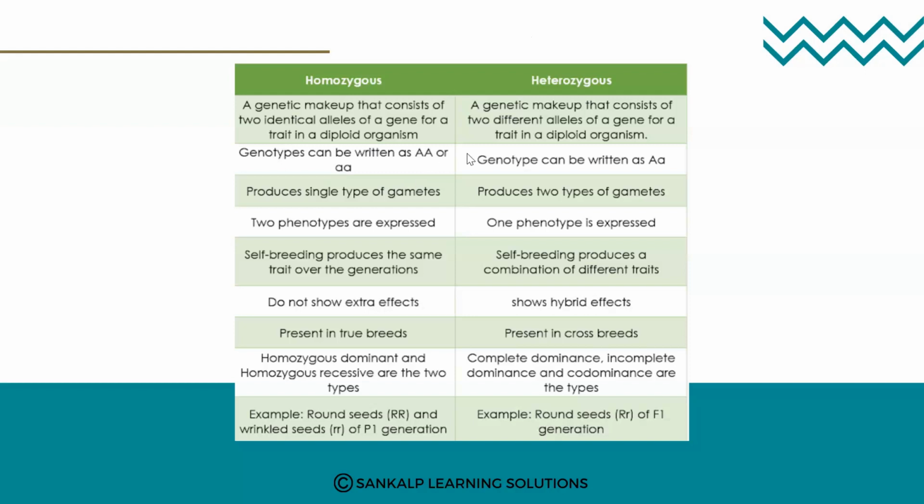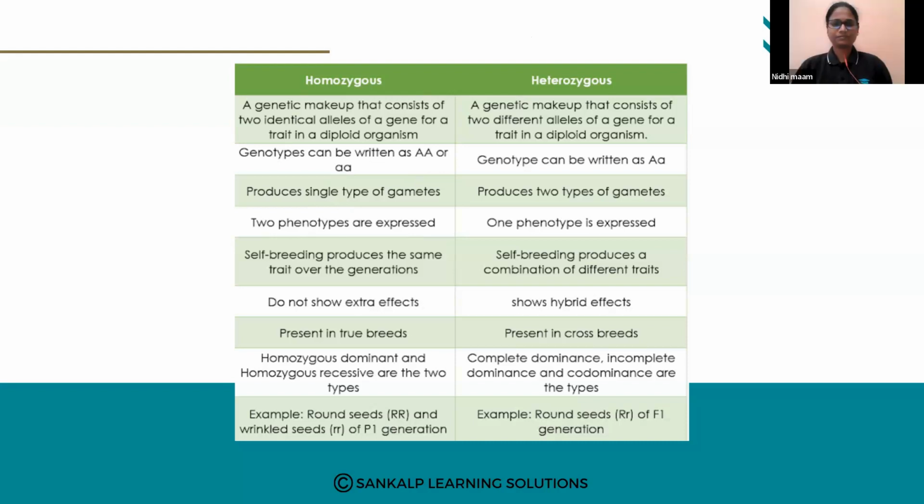Heterozygous genotype can be written as capital A, small a. Homozygous produces a single type of gametes. Heterozygous produces 2 types of gametes. Homozygous, 1 phenotype is expressed. Heterozygous, 2 phenotypes are expressed.